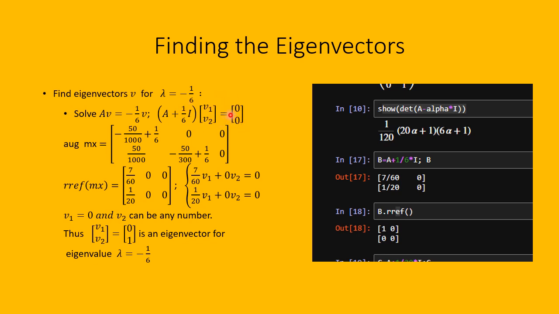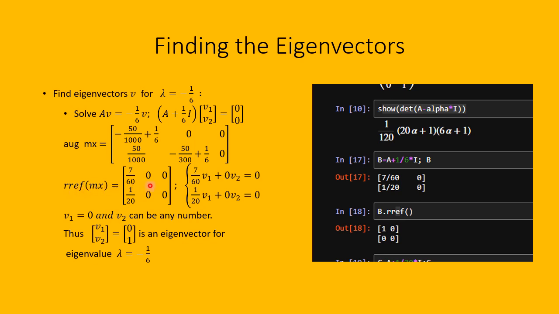And for this system of equations, here is the augmented matrix. The first two columns here give us A plus 1/6 I, and the augmentation is 0, 0. If you get the reduced row echelon form of that augmented matrix, it is this.